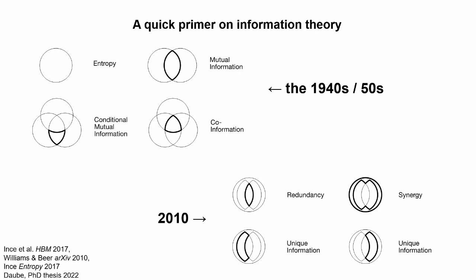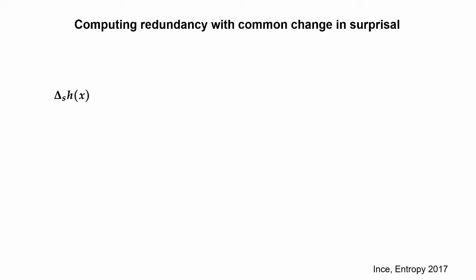One such algorithm was developed by Robin, and I like it quite a lot. It's called common change in surprisal. The idea that Robin had here was, first of all, to give mutual information a different name, namely change in surprisal, surprisal being another word for entropy.